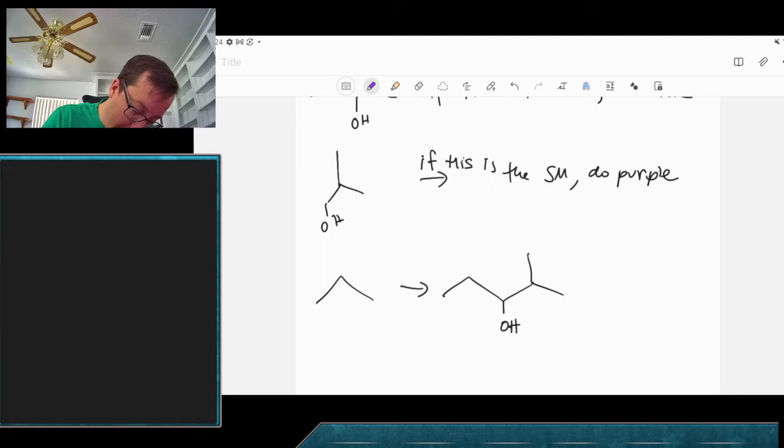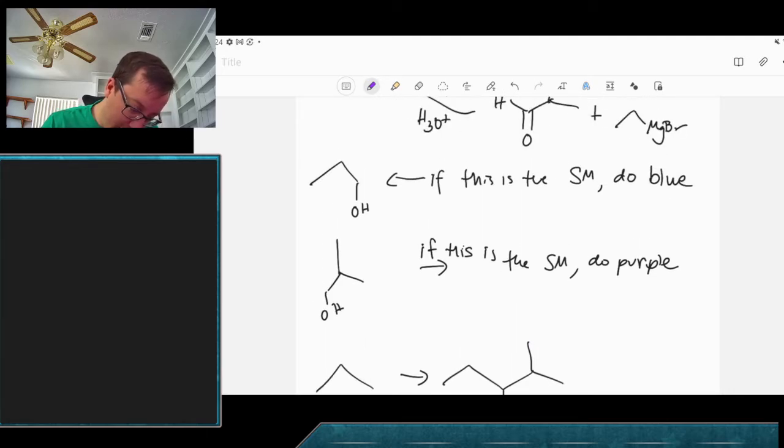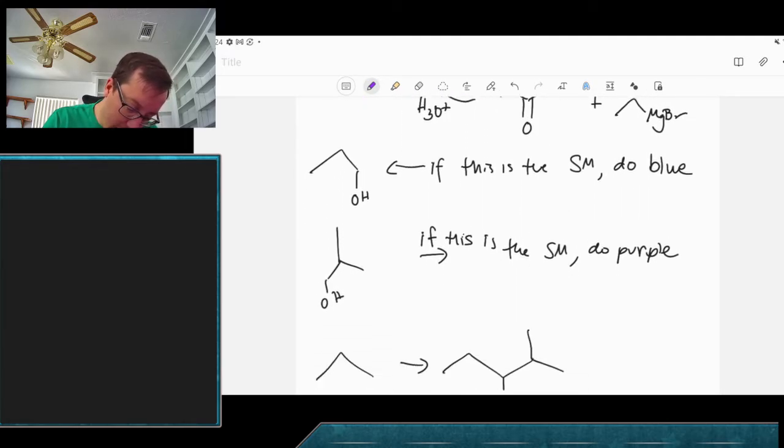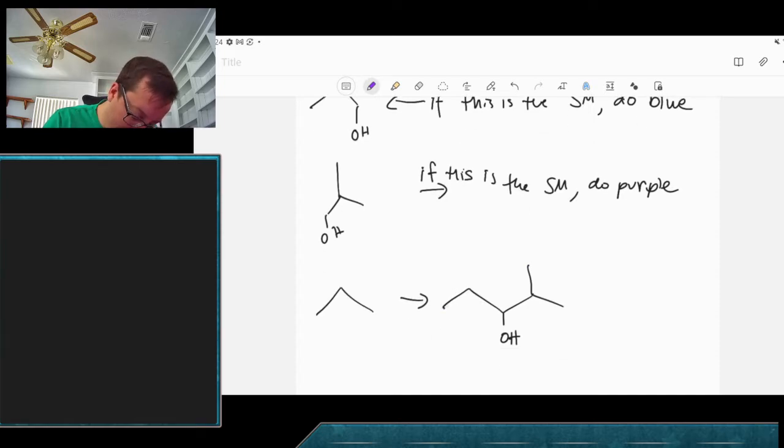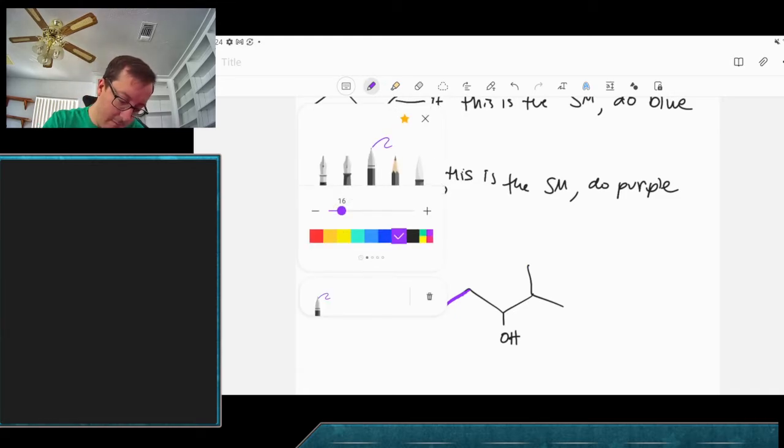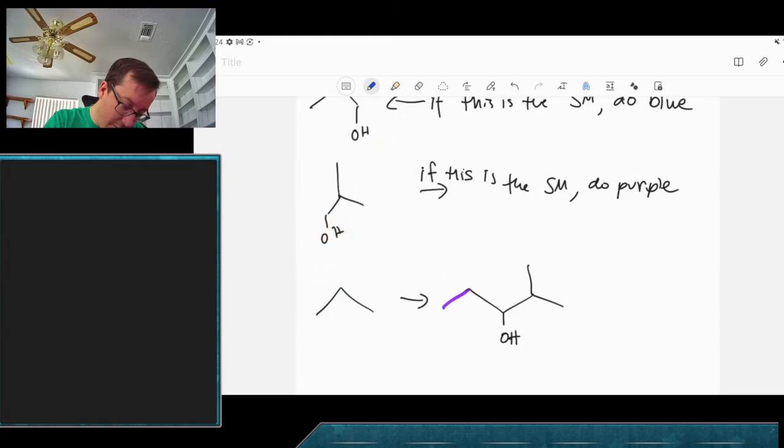Which side did I use purple on before? That was having it on this side. We can either have these two carbons attack the aldehyde, although this doesn't make sense, or we can have the 3 carbons here attack an aldehyde, and that side's going to make more sense, and we'll see why.